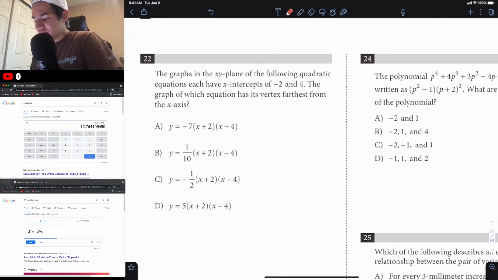The graph of which equation has its vertex furthest from the x-axis? Okay. Wow, this is going to be a tough problem.